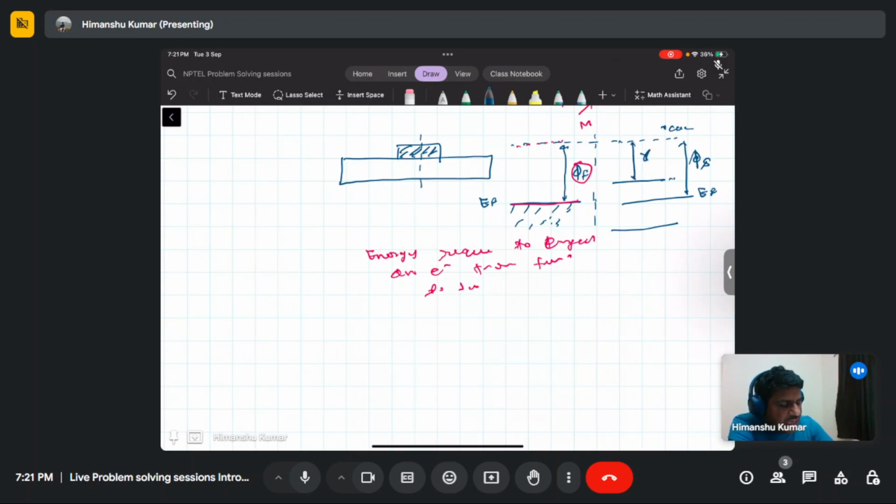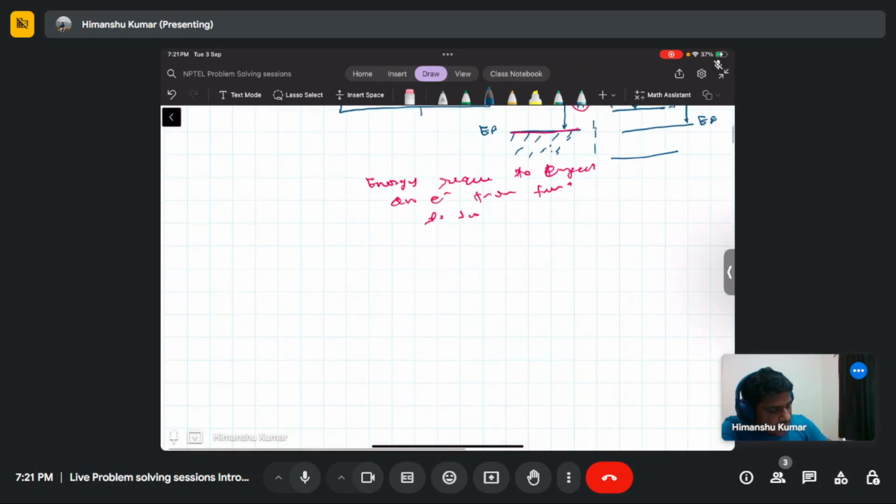This is chi. It is the similar electron affinity which you have studied in 10th or 12th class chemistry in the context of atomic structures. Basically, electron affinity is the energy required to move an electron from the conduction band to the vacuum level.